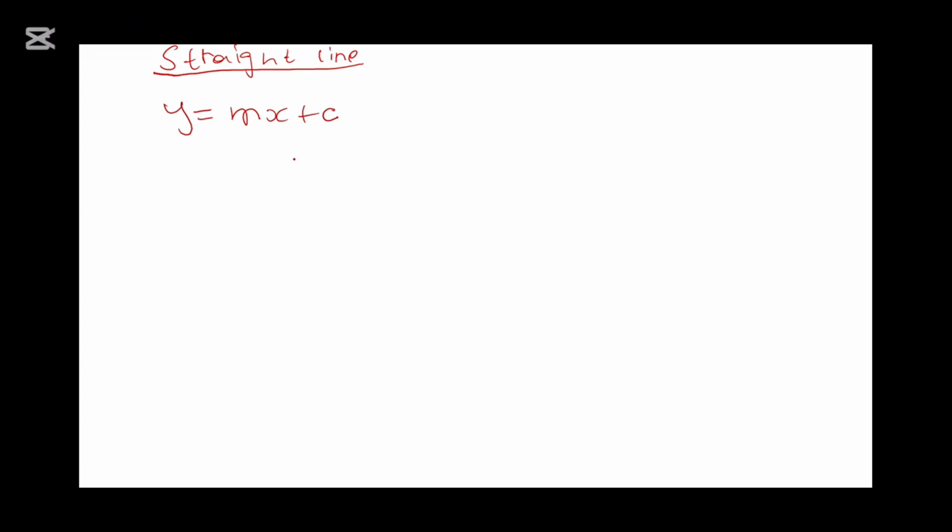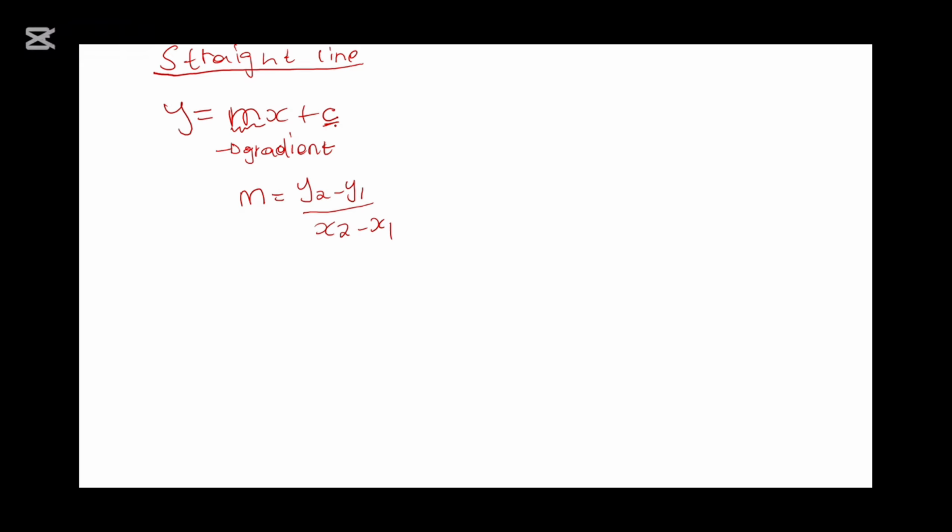And the most important thing we have is m, and our m represents our gradient. And to get the gradient, m is equal to y2 minus y1 over x2 minus x1.